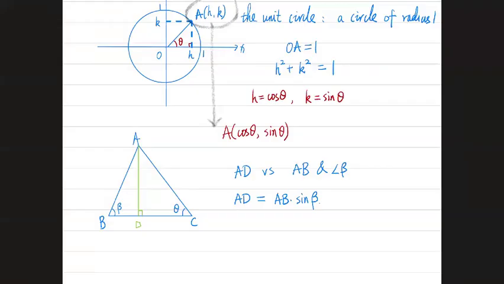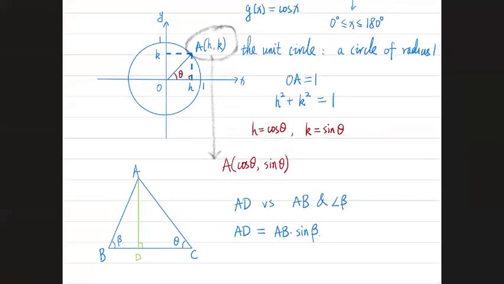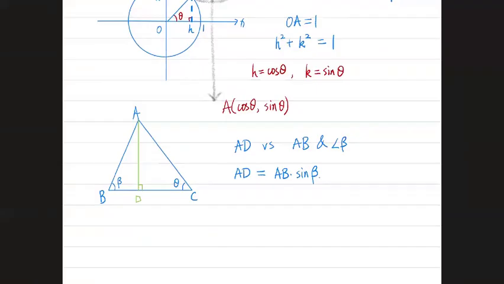Why is this? AB could be much longer than 1. If AB is 1, then this will be sine beta. That's the definition. But when AB is different from 1, we can find length 1, then the two triangles are similar.